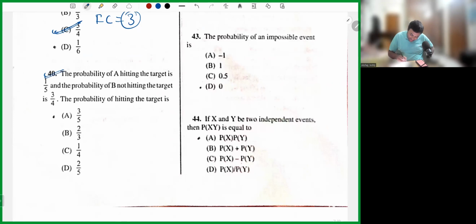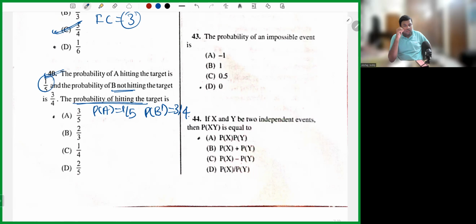Probability of A hitting the target is 1 by 5. Probability of B not hitting the target, B complement, is 3 by 4. What is the probability of these people hitting the target?